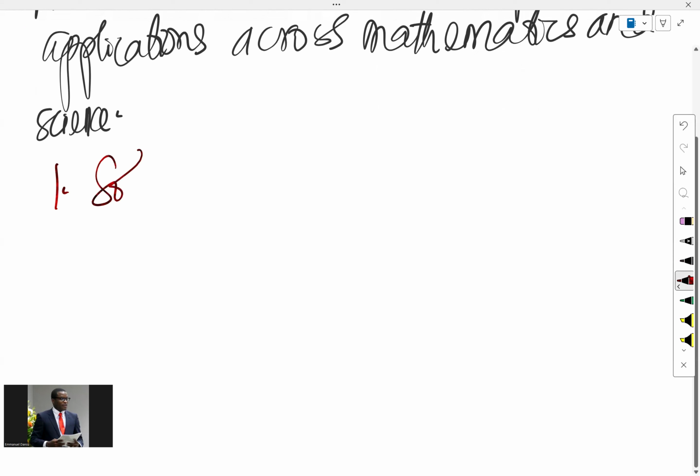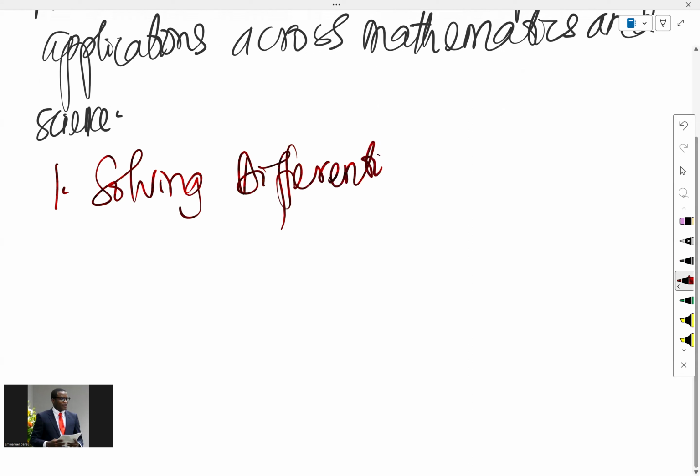Solving differential equations. So power series can be very useful in solving differential equations. I am here to make a playlist on differential equations, but I should get to that at some point.